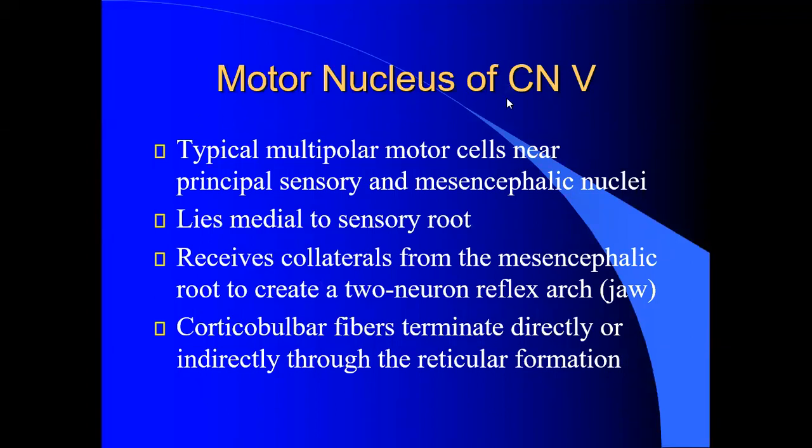Now, the motor nuclei, so let's continue and look at the motor nucleus of 5. These are typical anterior horn type cells, multipolar motor cells located near the principal sensory nucleus and near the mesencephalic nucleus. They lie medial to the sensory root. They receive collaterals from the mesencephalic root to create a two-neuron reflex arc, okay?